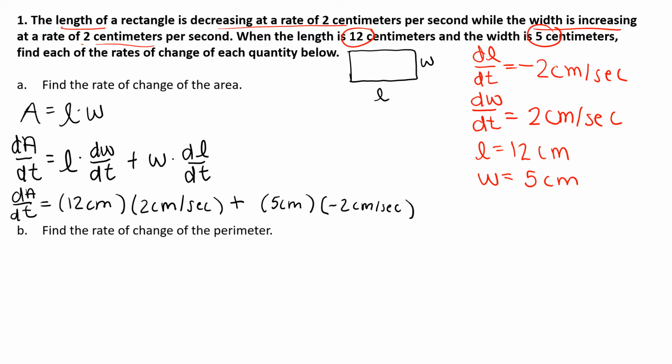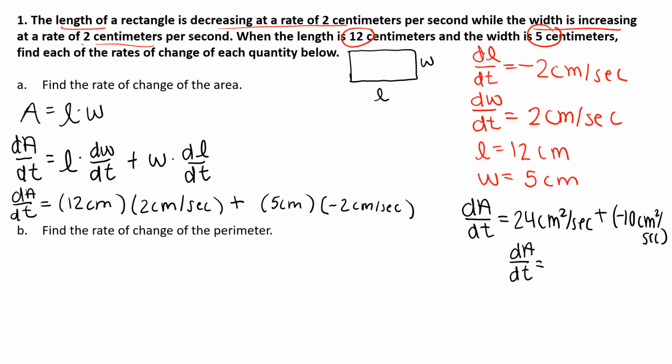We are left with dA/dt equals 12 times 2 is 24 centimeters squared per second, plus 5 times negative 2, which is negative 10 centimeters squared per second. So we can write dA/dt as 24 plus negative 10 is just 14 centimeters squared per second.